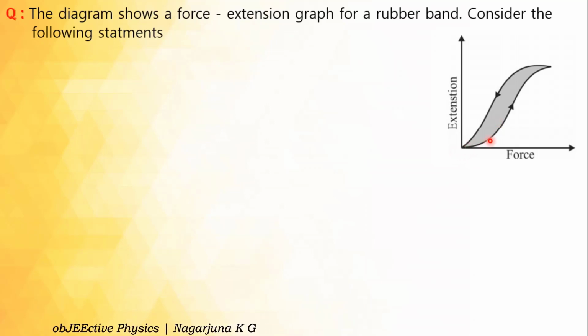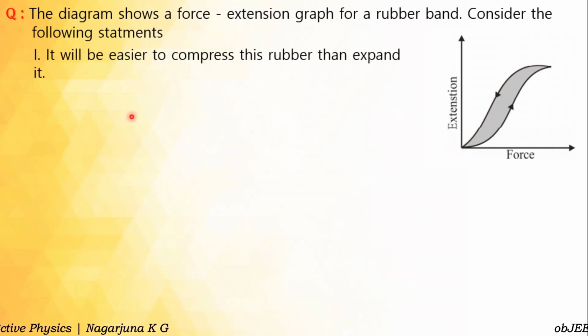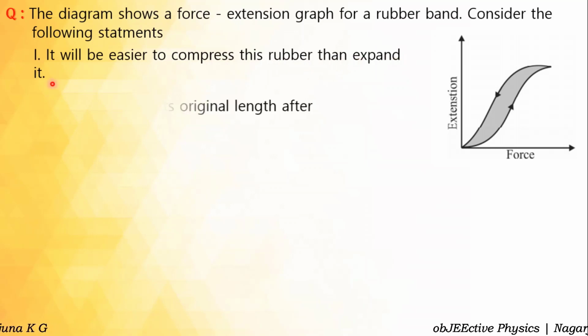From origin, observe the red color spot. This is stretching, and in the reverse direction it is unstretching. The statements. First statement, it will be easier to compress this rubber band than expand it.